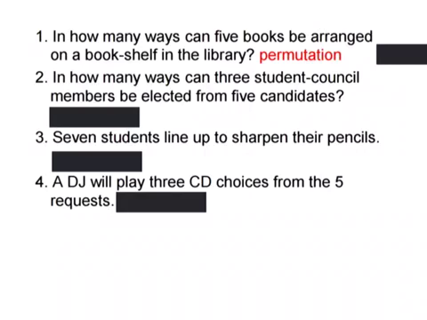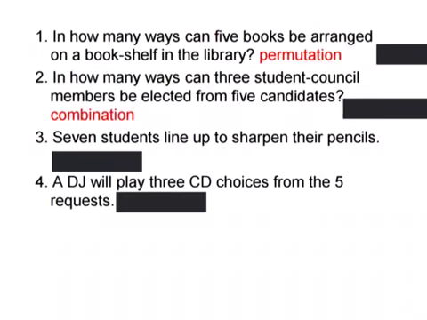Well, it doesn't say you're electing a president and a vice president and a secretary. It doesn't give specific names. It just means 3 student council members. Well, that will be a combination. Okay, it's a combination because the order in which those 3 students are chosen as members is not important. They're just all members.